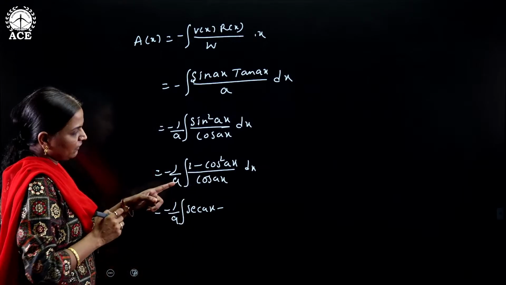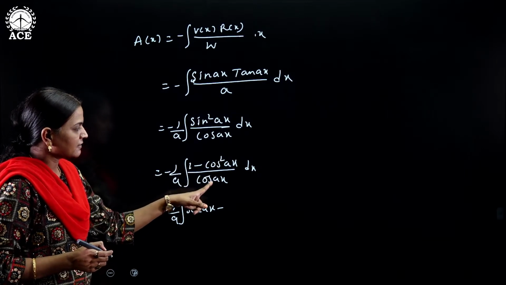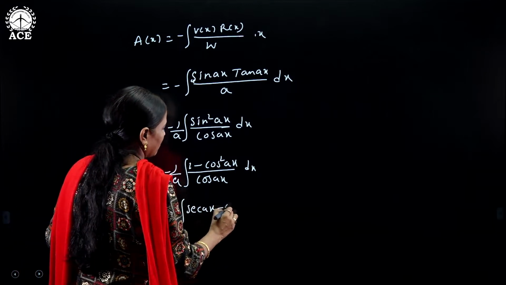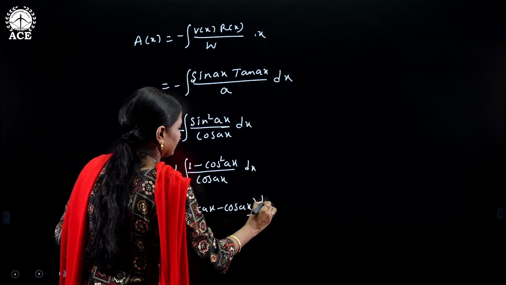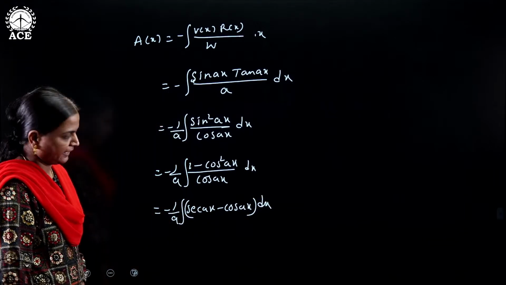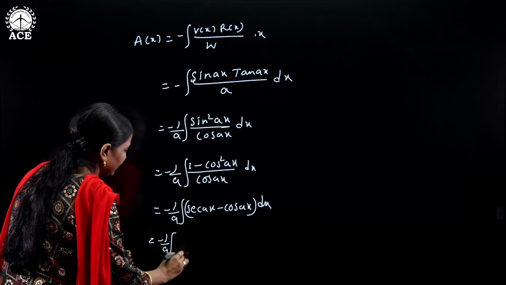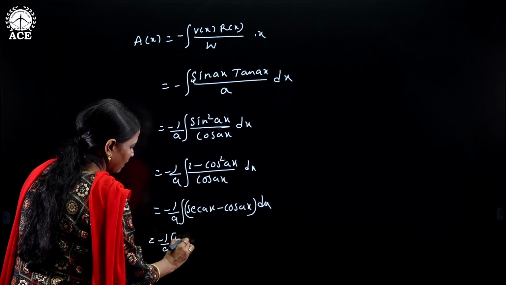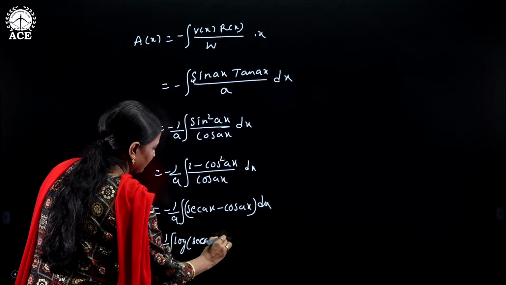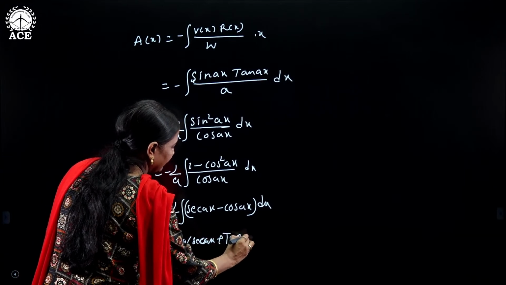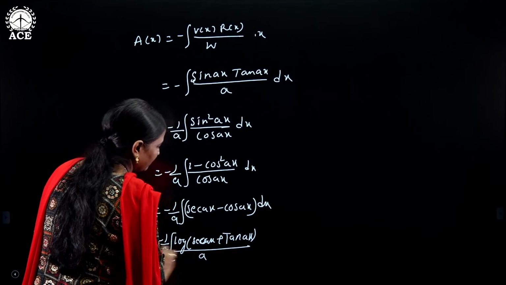Divide term by term: 1 by cos ax is secant ax, minus cos square ax by cos ax is cos ax, into dx. Now, what is integration of secant ax? Which is equal to minus 1 by a into, integration of secant ax is log of secant ax plus tan ax, the whole divided by a.